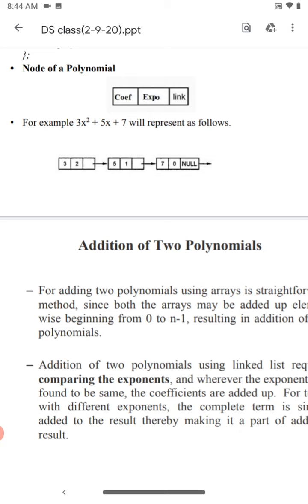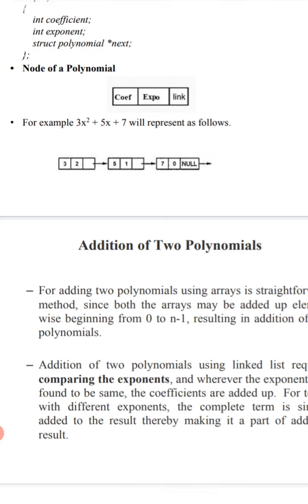Then when you consider the third term, the third node, 7. The third term is 7, so 7 x power 0. x power 0 is equal to 1, so no need to specify. But for x power 0, the exponent is 0.